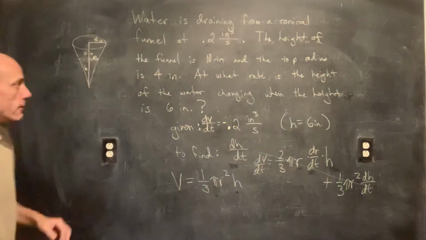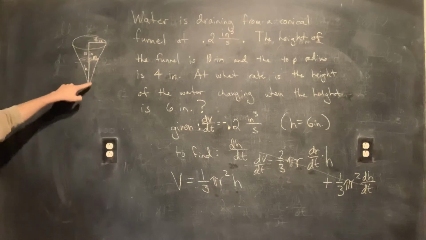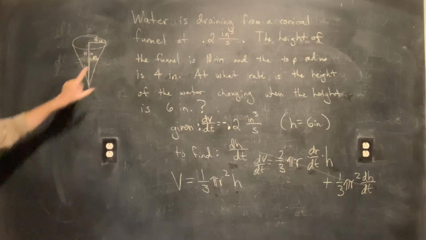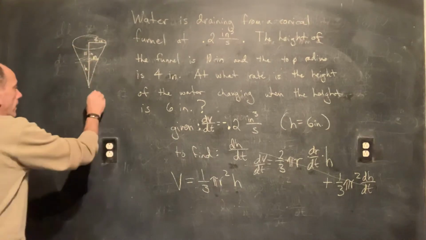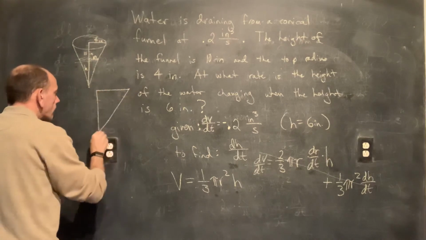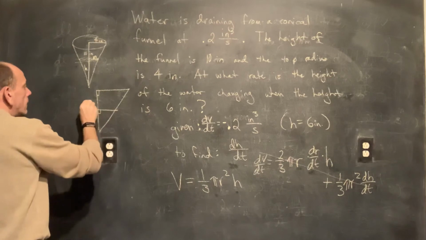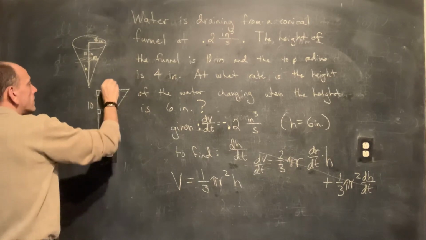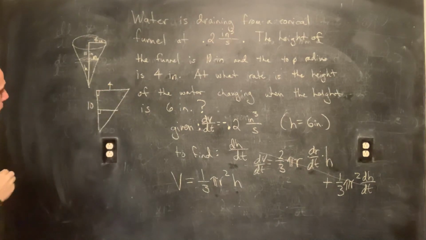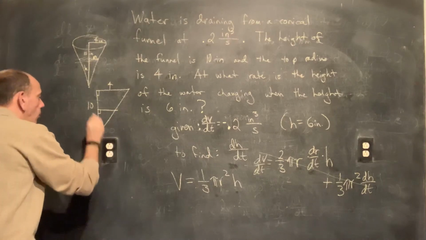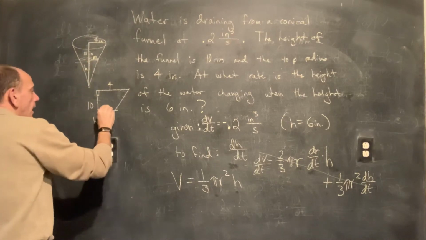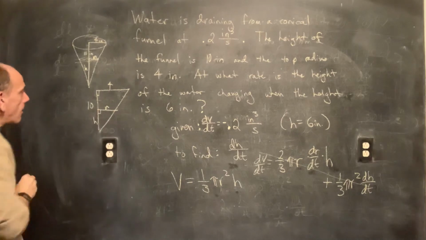So the key here is to recognize that I have similar triangles, not congruent, similar triangles. This big side is 10, this top radius is 4, the height of the water is h, and it has some radius r.